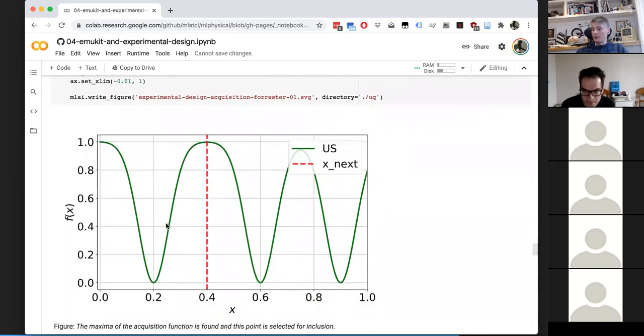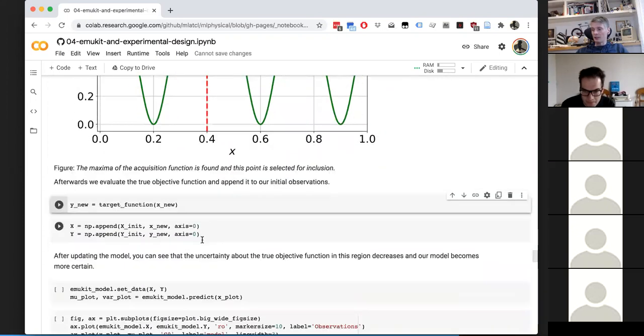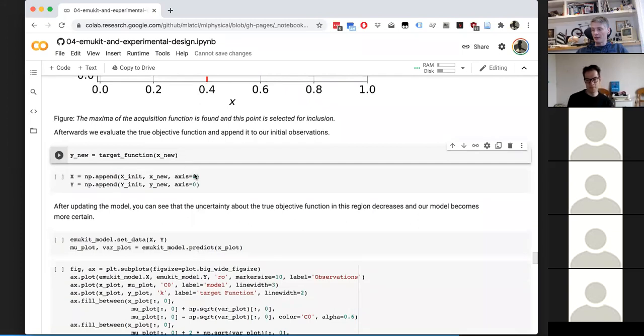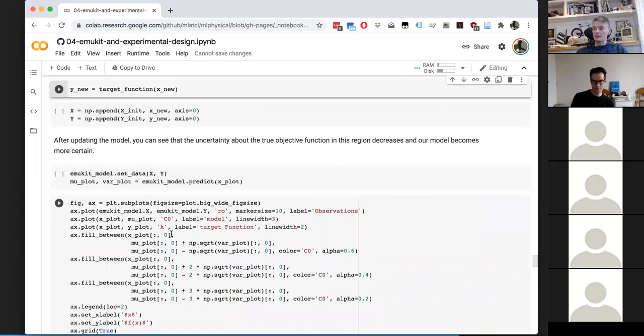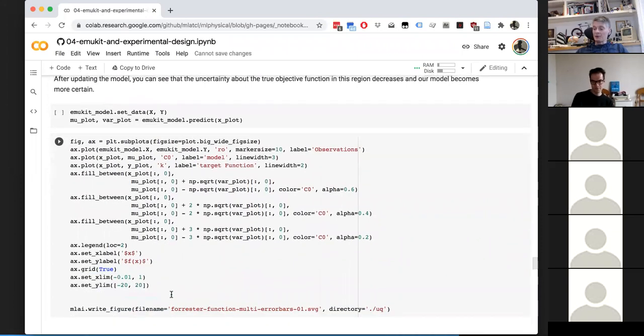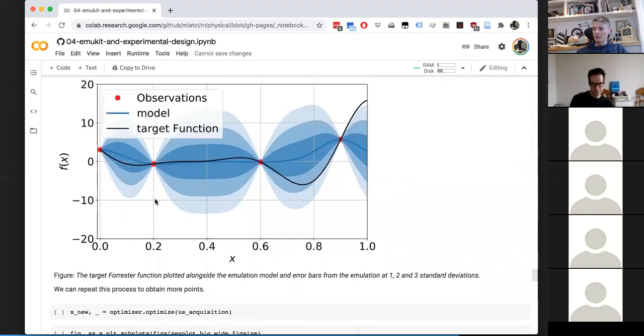So this is the acquisition function that we were just looking at. And then this was the combination of target function into the model that we're running. I was reflecting that I should just write a helper function to do these plots. And there's the updated plot that we're just seeing.